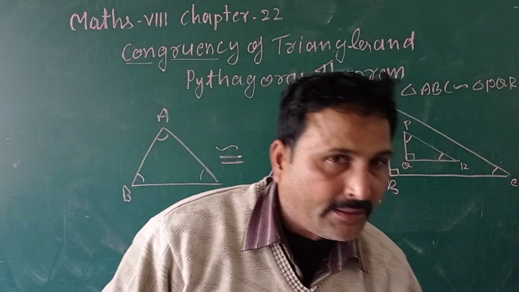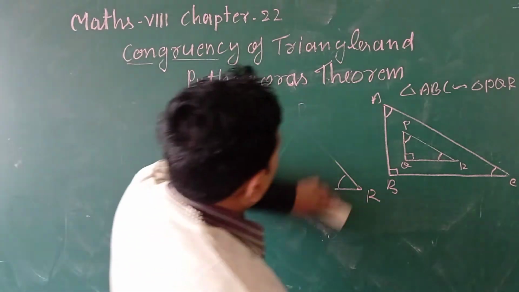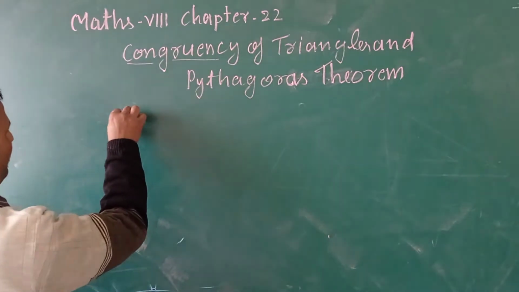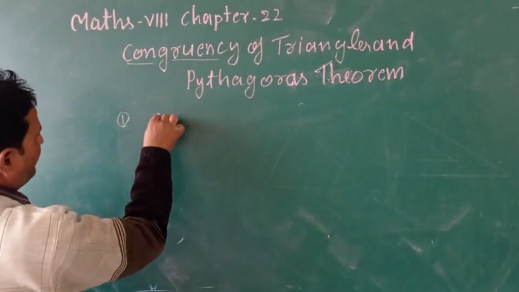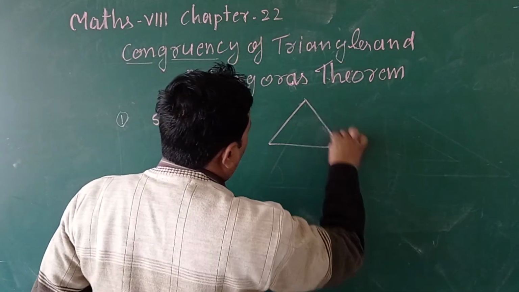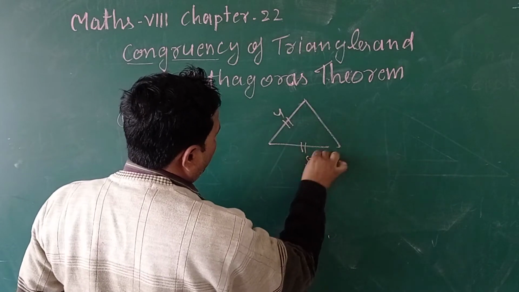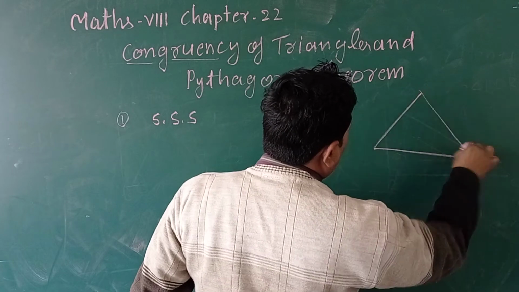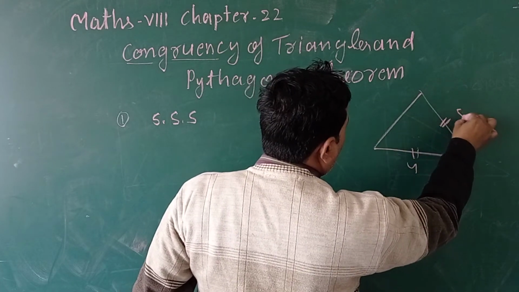Now what are the conditions for congruency? In two triangles, the first condition is called side. Suppose sides are 4 cm, 5 cm, 6 cm, and the other triangle's sides are 4 cm, 5 cm and 6 cm.